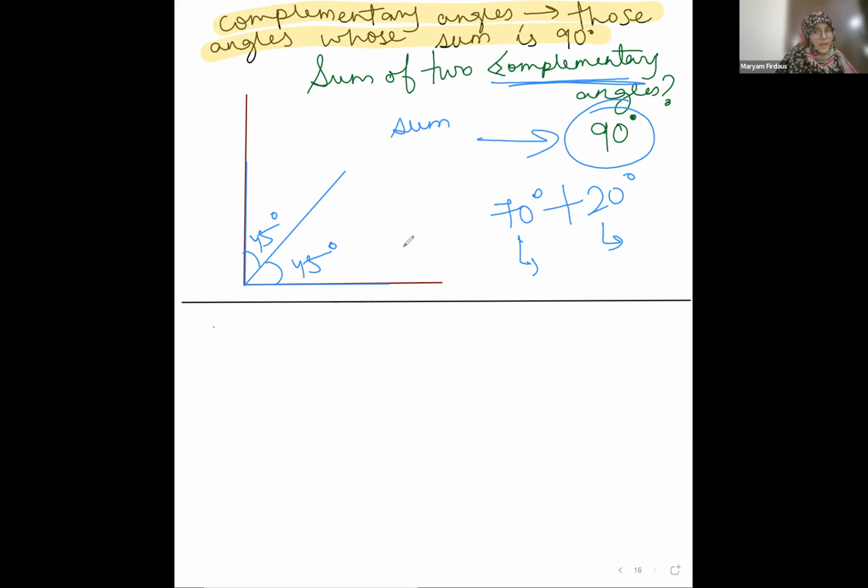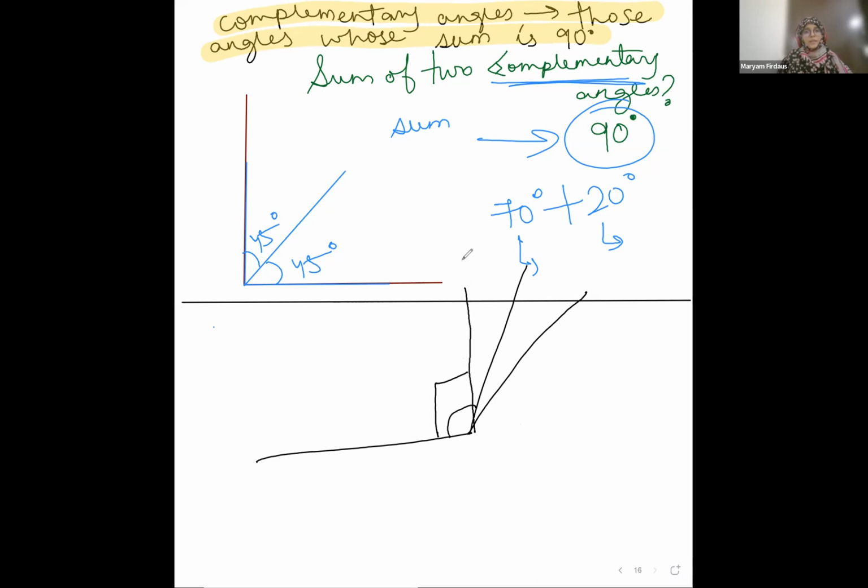Take a look at question number 2. Can two obtuse angles be complement to each other? No, obviously not, because obtuse angles are already greater than 90. Let's say this is one angle. This is already greater than 90. If you add something else to it, it will be greater than 90, right? But your 90 degrees is supposed to be over here.